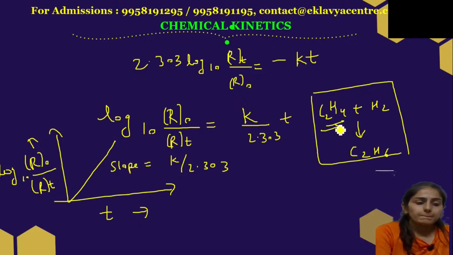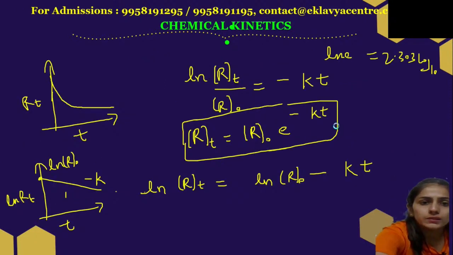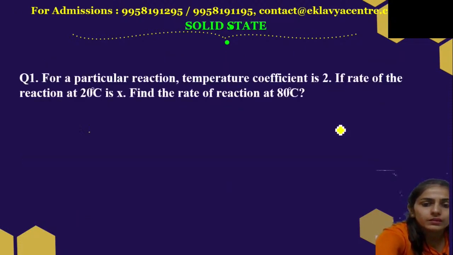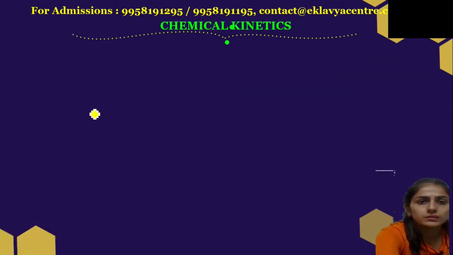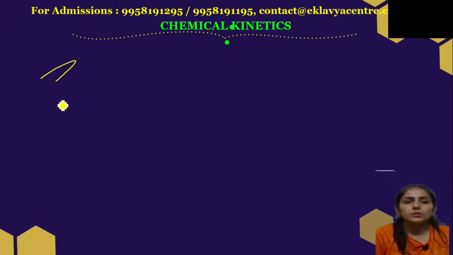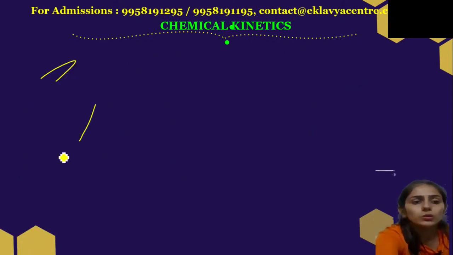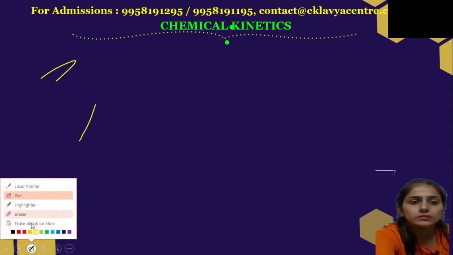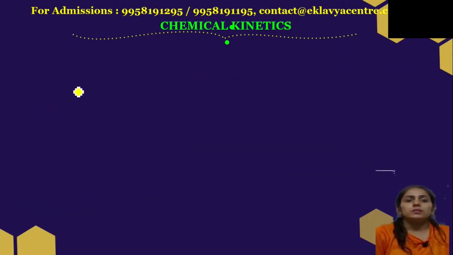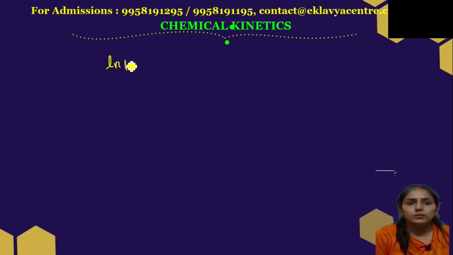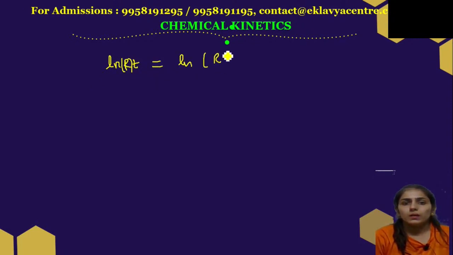And what else you can do is, suppose we have this equation with us. See, you must know how to modify the equation. This is the equation ln Rt is equal to ln R naught minus Kt.